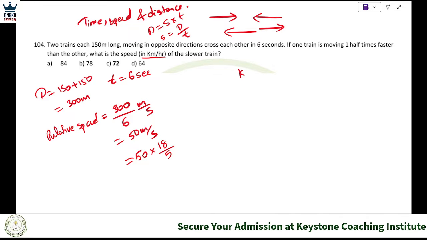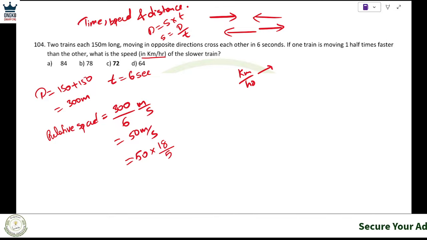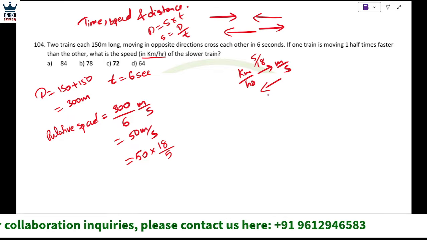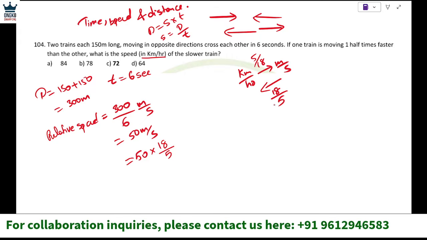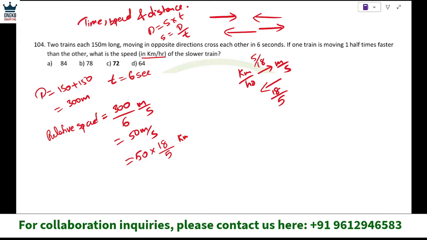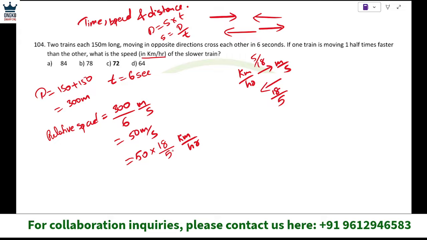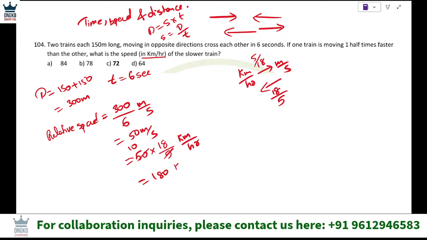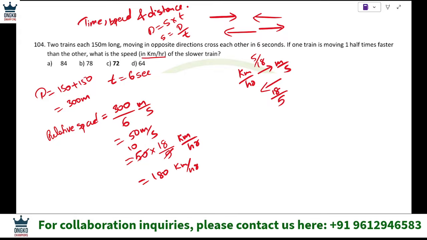In the other case, converting kilometers per hour to meters per second, it is 5 by 18. So 50 into 18 by 5, 5 tens are 10 times, gives us 180 kilometers per hour.